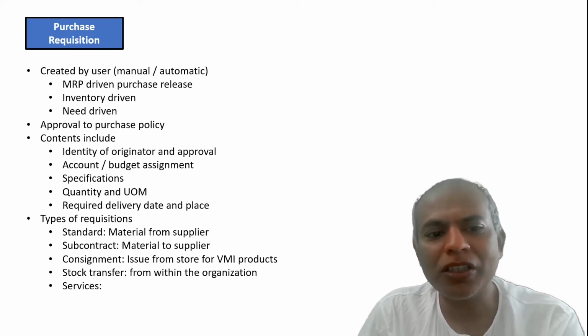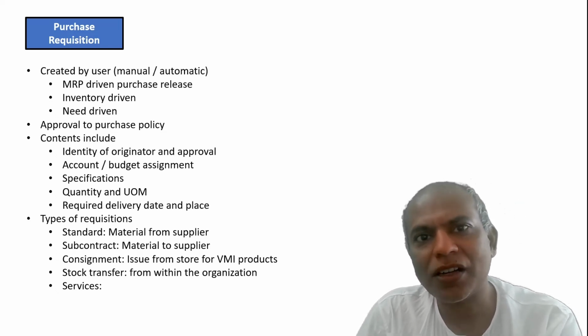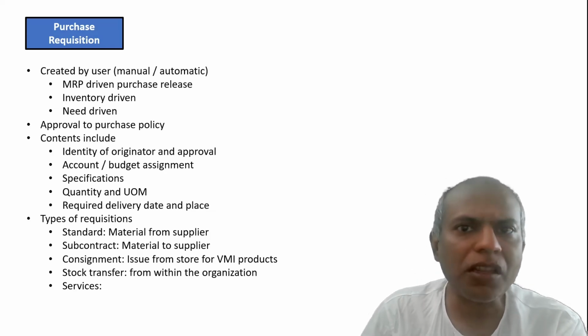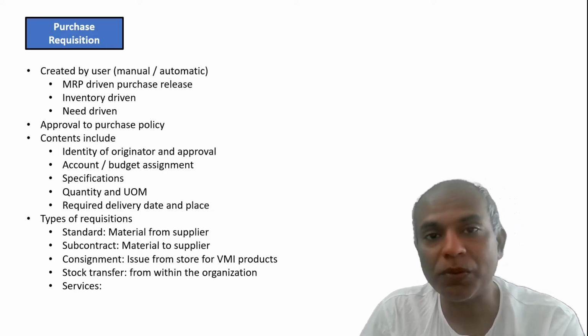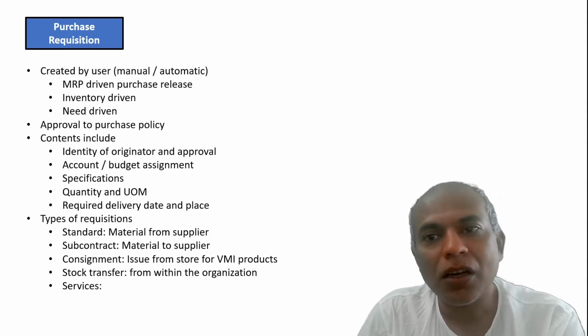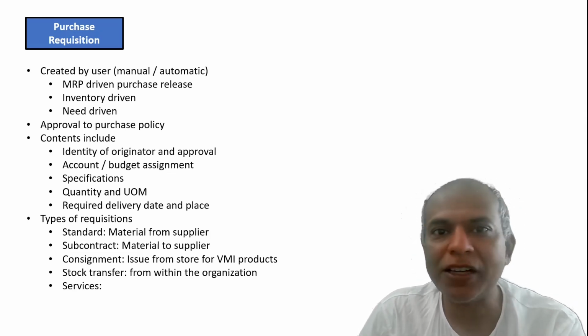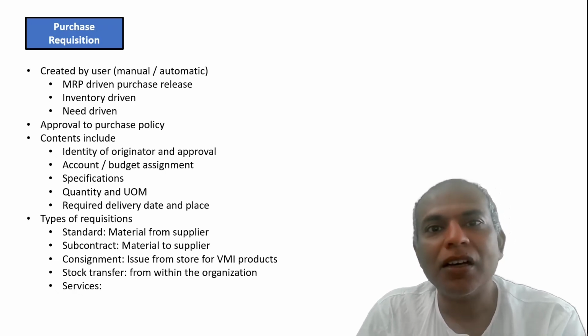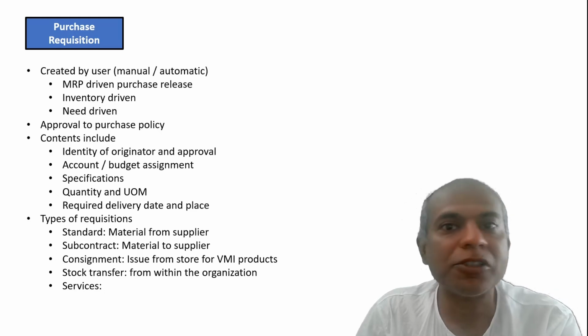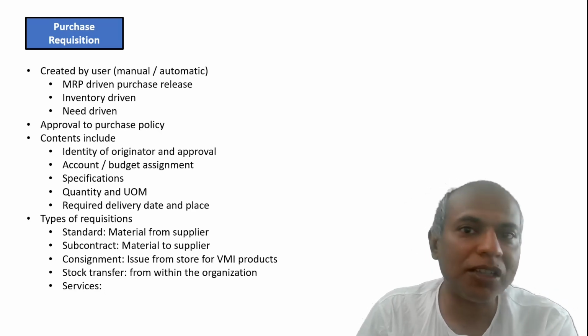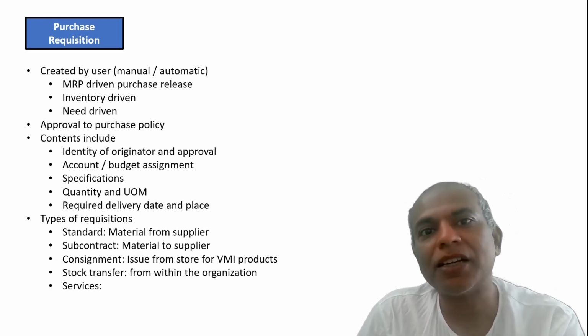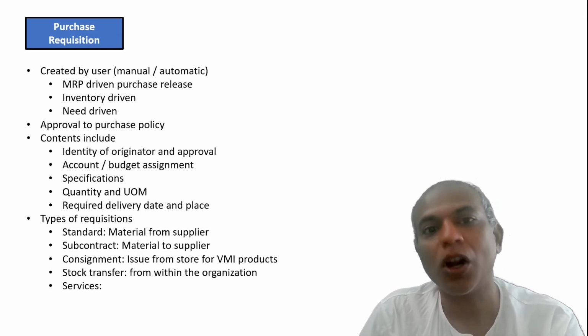And fourth is the stock transfer kind of consignment, where a group company, which could be financially separate or even a financial group of companies under the same umbrella, wants a stock transfer from one branch to another branch. So in that case, a requisition is issued for a stock transfer.